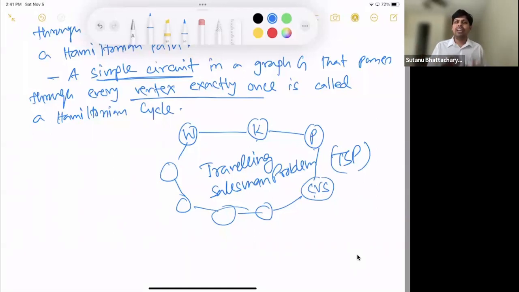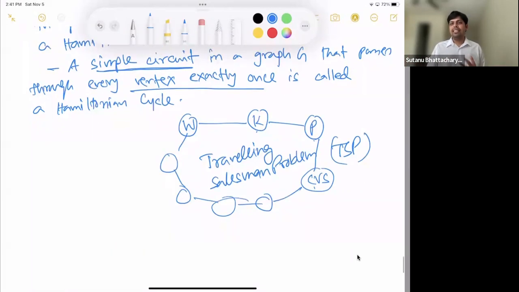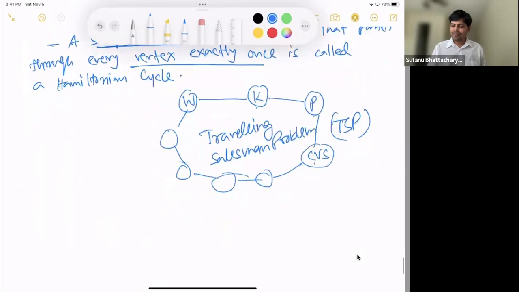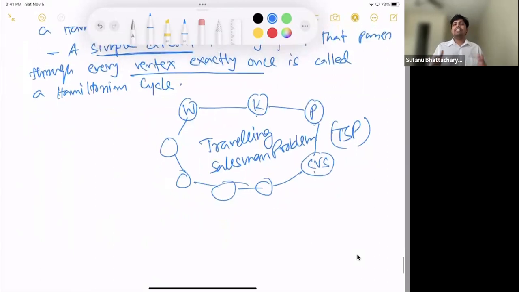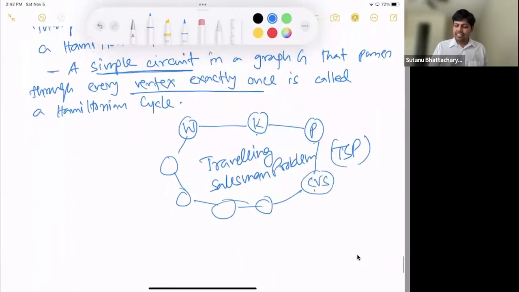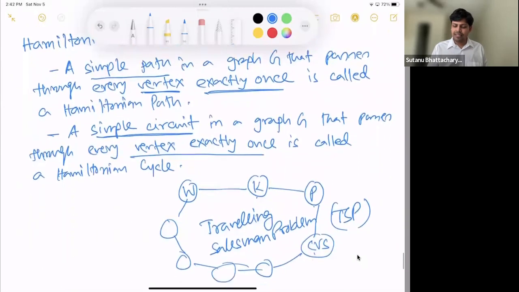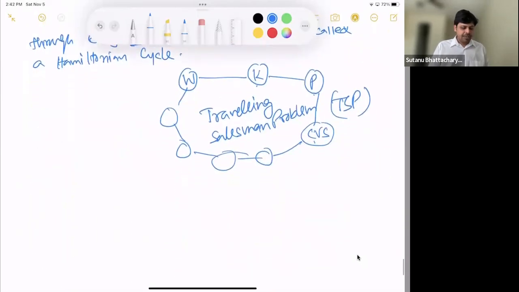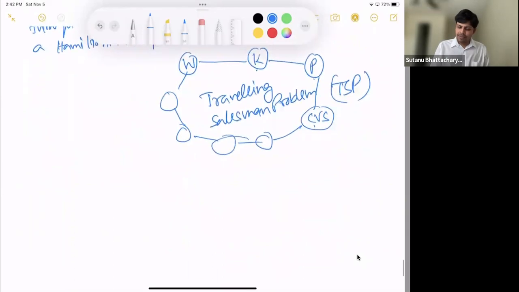So you don't need to do anything in the rest of your life. So this is one application here. When you take a data structures course, as well as mostly an algorithms course, you will come to know more such interesting problems. So that is Hamiltonian cycle and Hamiltonian path. So let's take a couple of examples that will help us to grasp the concept of Hamiltonian circuit.